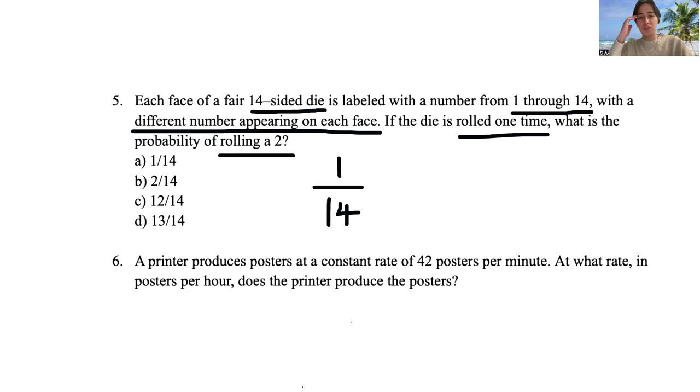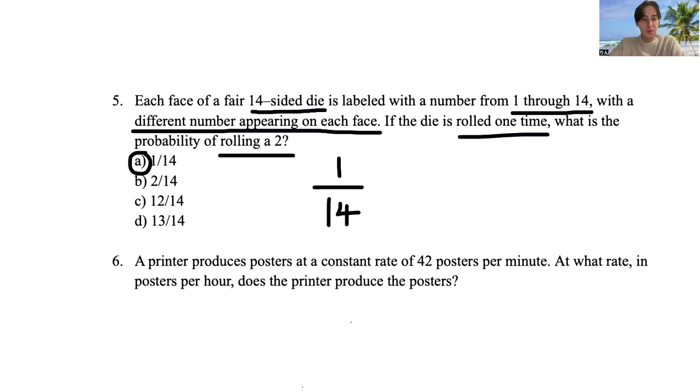You have a 1 out of 14 chance to get a 1, a 1 out of 14 chance to get a 2, a 1 out of 14 chance to get a 3, and so on, because each side has a different number. Rolling a 2 does not imply two sides. It just implies one side with the number 2 on it. So your answer must be A, 1 out of 14.